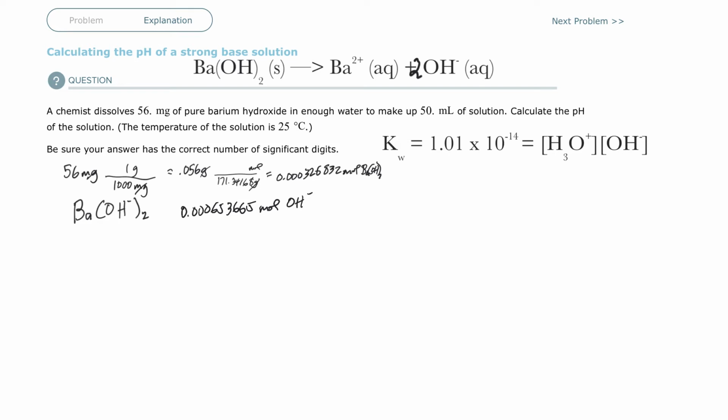So there's your moles. What's molarity? Molarity, remember, is equal to moles over liters of solution. So I have this many moles. How many liters do I have? Well, it says that I need it to make 50 milliliters. So 50 milliliters, divide by 3 places, and you're going to have 0.0006536665 moles over 0.050 liters.